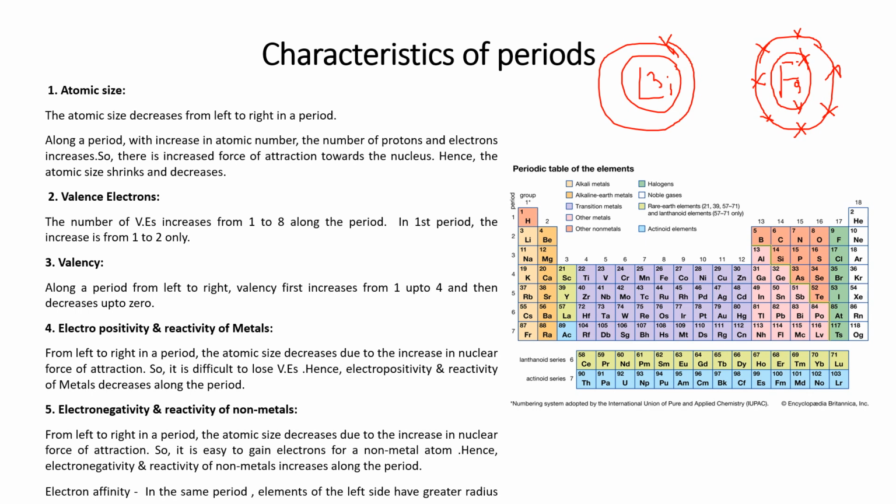Because of this force of attraction, fluorine's radius will decrease, and lithium's radius will not decrease like fluorine's. So when we go from left to right, the radius will decrease.